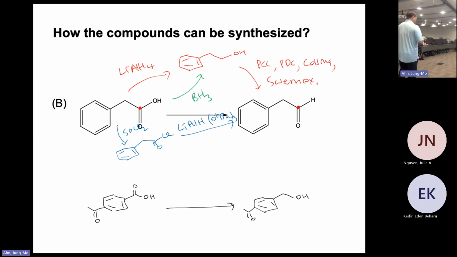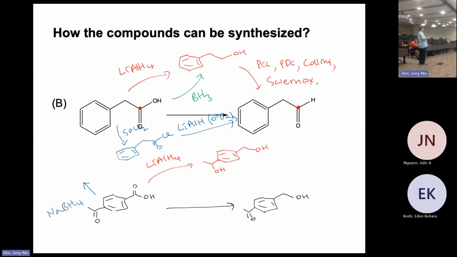So that's what I want to show you here, why these ways are worth knowing. Let's say you have to reduce only this carboxylic acid, not that ketone. Then this is where borane is going to be useful. If you're using aluminum hydride with that, yes, the acid is going to be reduced, but the ketone is going to be reduced to the secondary alcohol too. So without that complication, the only thing you can use is borane.